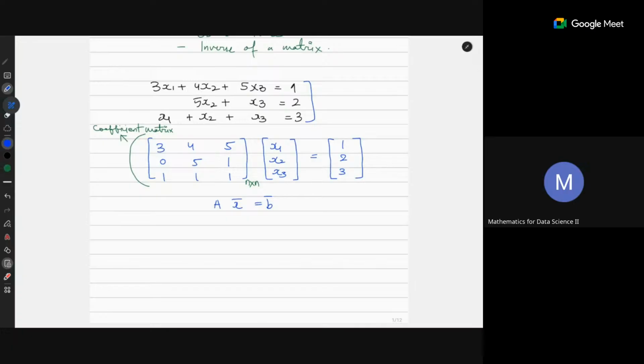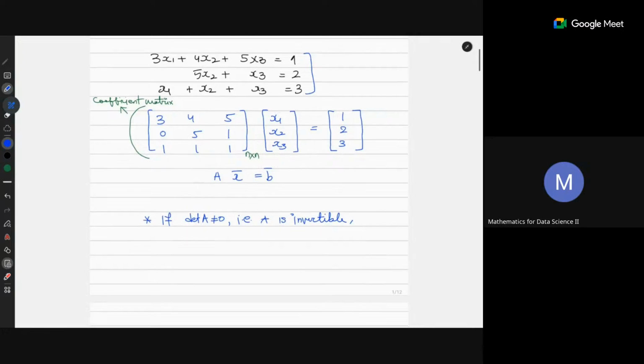So we saw that if the determinant of A is not zero, that is A is invertible, then you can find the solution of this system of linear equations by two methods. The first one was Cramer's rule.